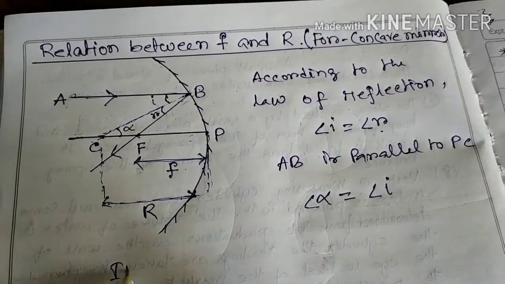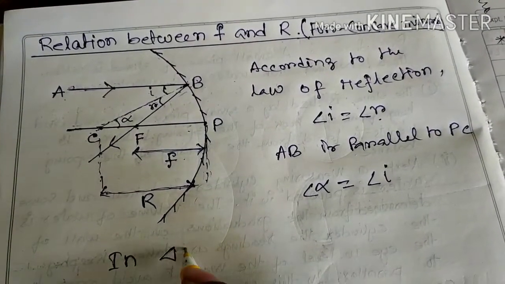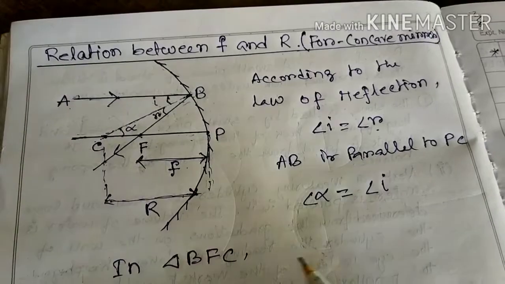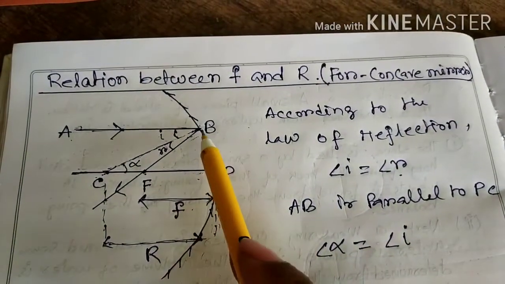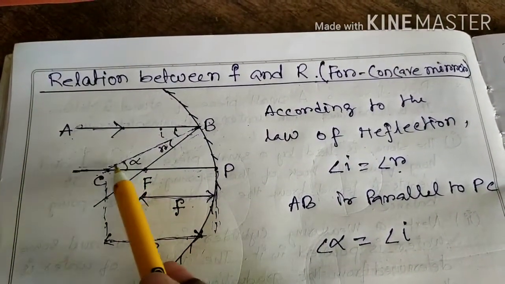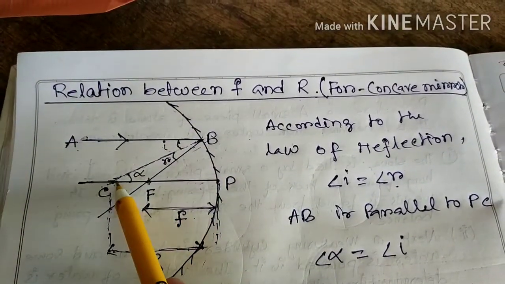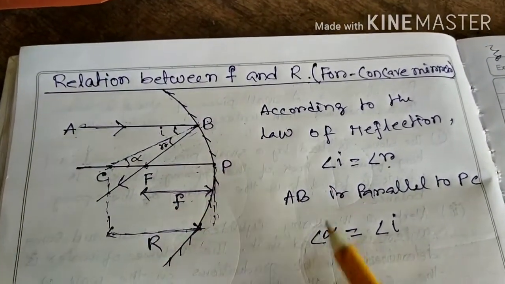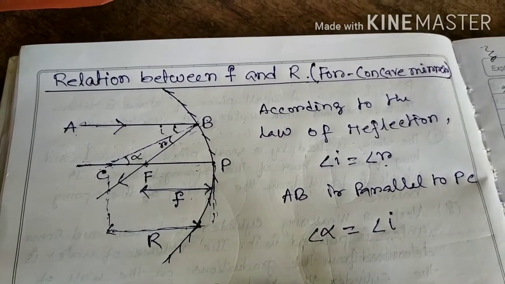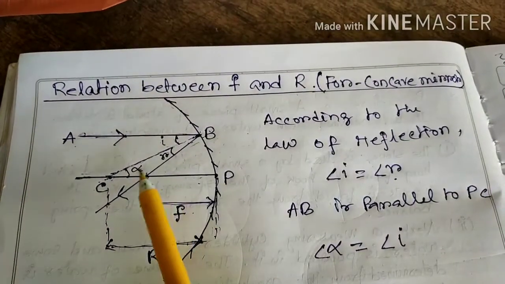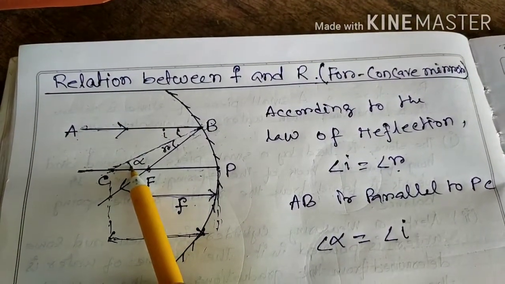So in triangle BFC, angle R equals angle alpha. Why?